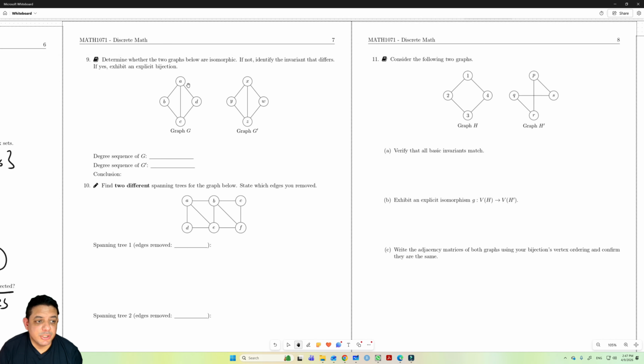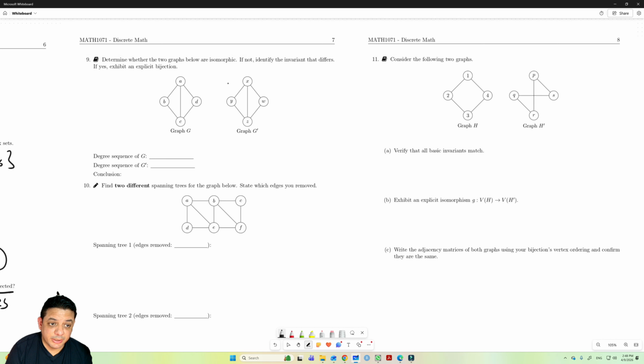All right, so for question number 9, we want to determine whether 2 graphs are isomorphic, and if not, let's identify the invariants that differ. If yes, then we want to explicitly show the bijection. So first we go for the sequence of degrees of the nodes.